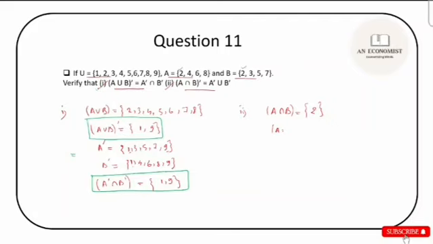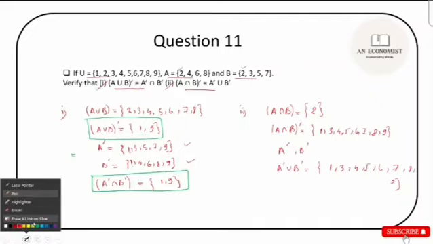Take the complement. It will be 1, 3, 4, 5, 6, 7, 8, 9. Then find A complement and B complement, which we have already found here, and take the union of these two. 1, 3, 4, 5, 6, 7, 8, 9.